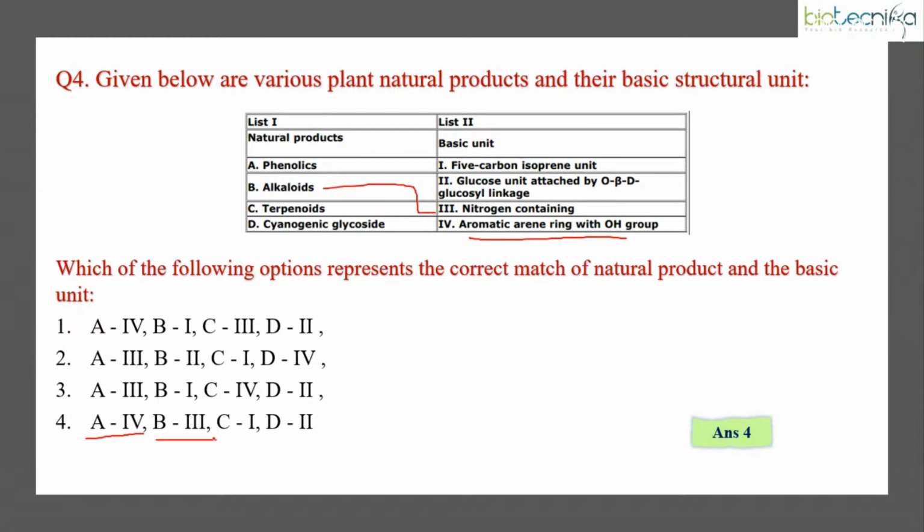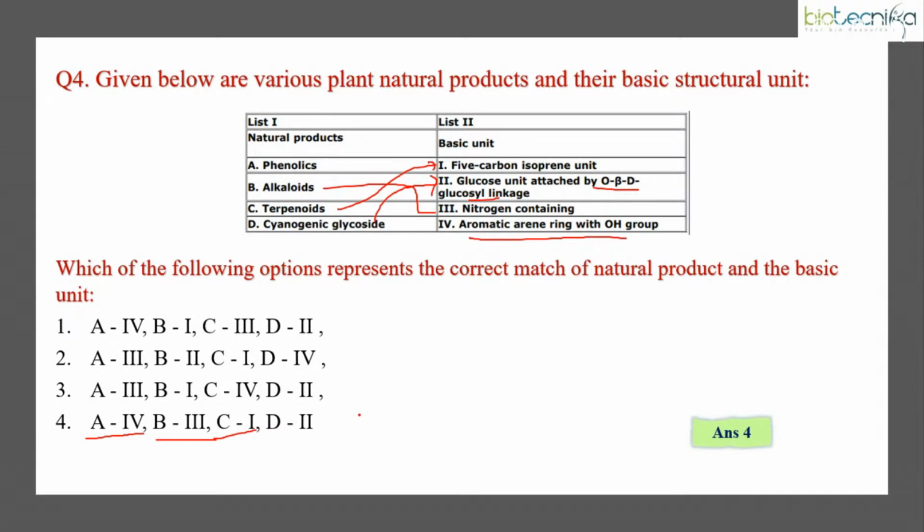Then terpenoids, these have 5 carbon isoprene units. Isoprene serves as the precursor for many plant hormones, which I had also mentioned. And lastly, cyanogenic glycoside has a glucose unit attached by O beta D glucosyl linkage.